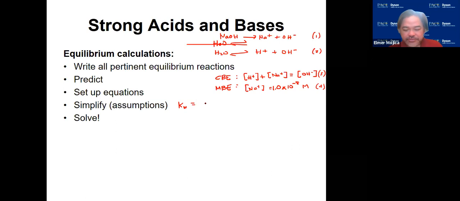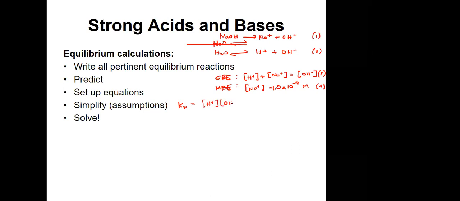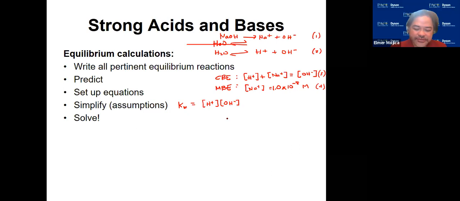No, I mean before we put the number. KW is equals to the product of the concentration of H plus and OH minus. Right? And this is equals to 1.0 times 10 to the negative 14. So we already set up the pertinent equations that we have here.